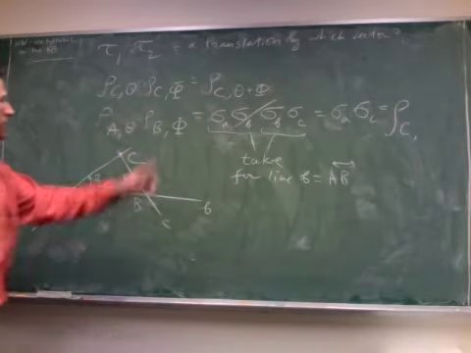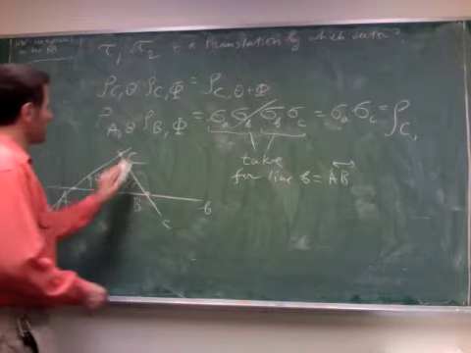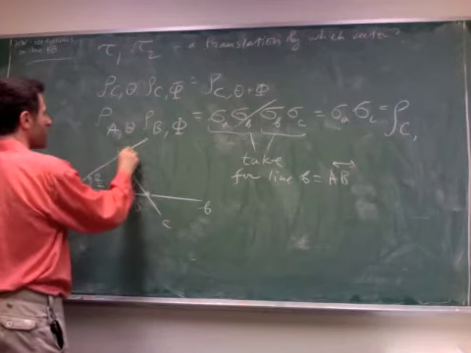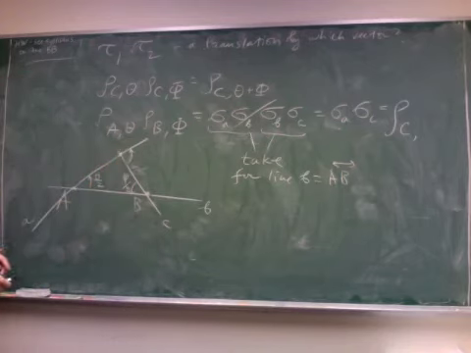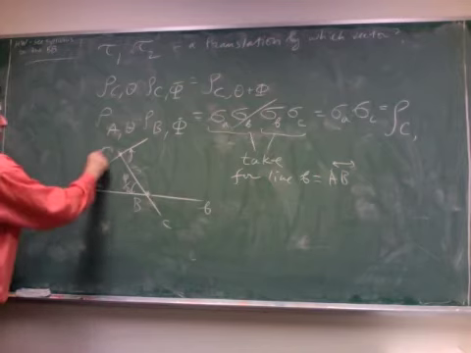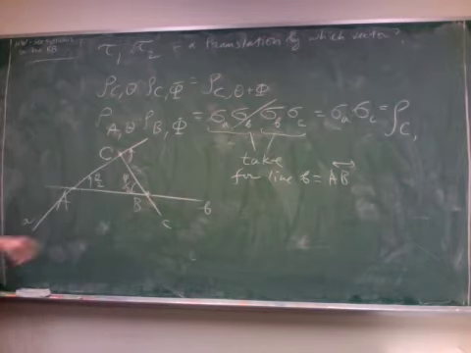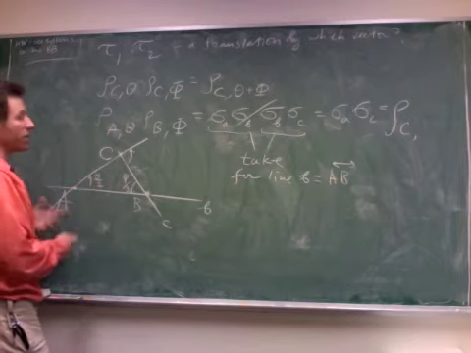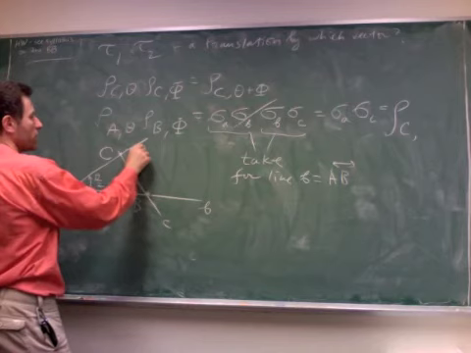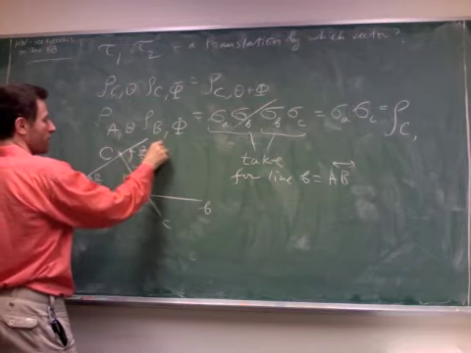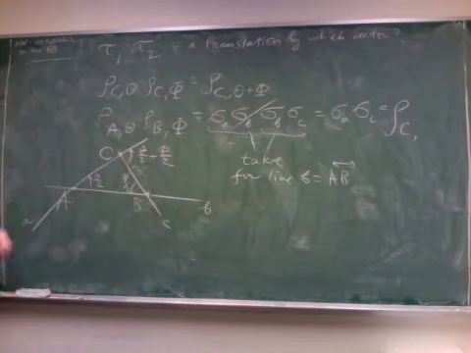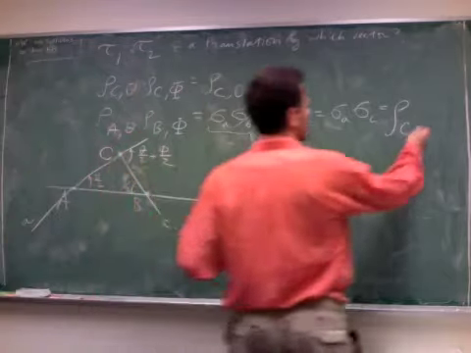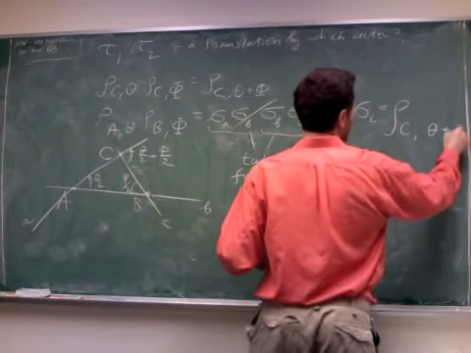The angle from C to A. We have to go from line C to line A, and that is exactly the exterior angle of the triangle ABC. And this exterior angle is exactly the sum of the other two angles in the triangle, so theta over 2 plus phi over 2. So we have the rotation by twice the angle, which will be theta plus phi.